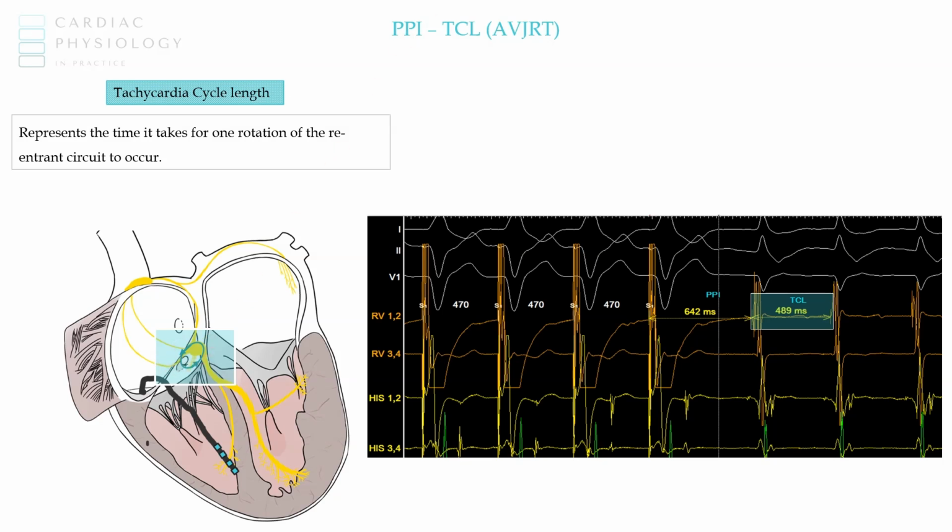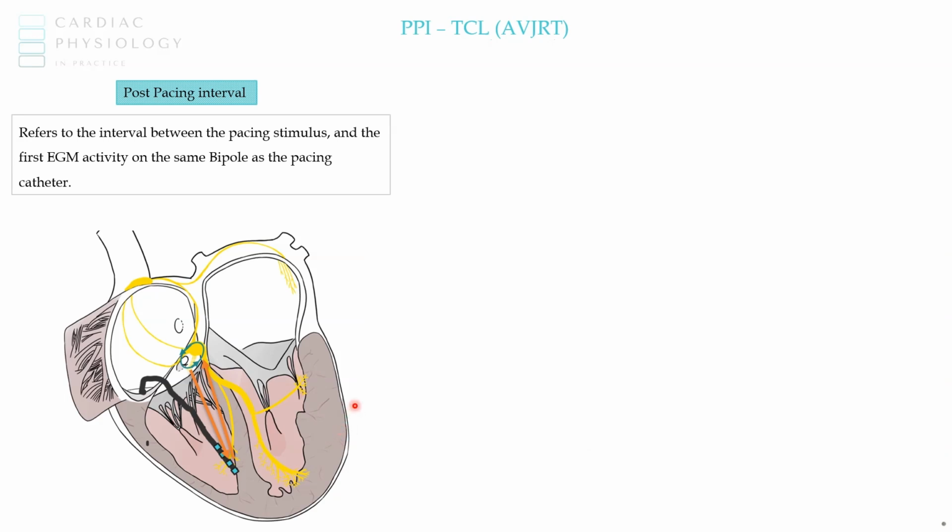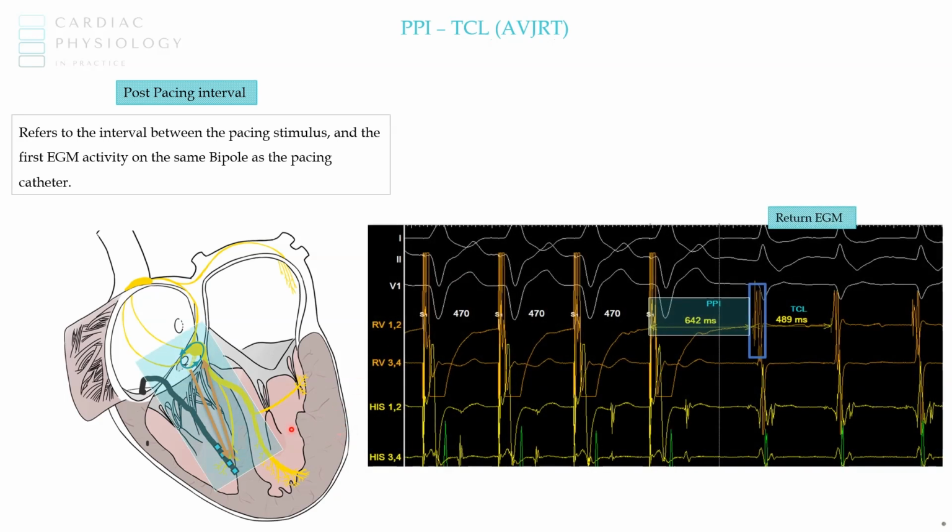The post-pacing interval, in contrast, reflects the time it takes for the paced stimulus from your pacing catheter to travel to the circuit, go around the circuit, which will take a time equal to tachycardia cycle length, and then come back from the circuit to the catheter again. And so on an EGM, once we finish RV overdrive pacing, we see an intervening time period where nothing is happening.